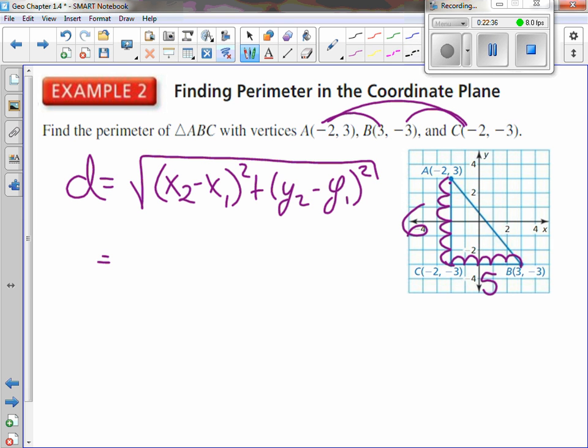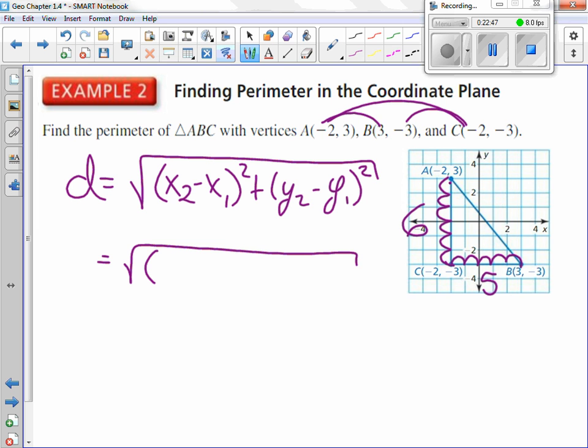Now looking at this distance formula, so we're going from A to B. What are our 2 x values for A and B? So we have -2 minus 3 squared. Our y values are 3 and -3.